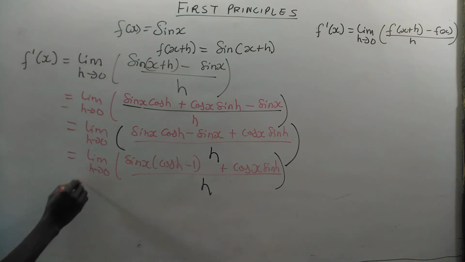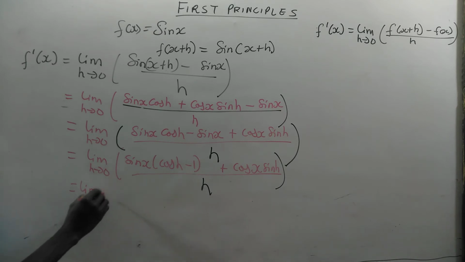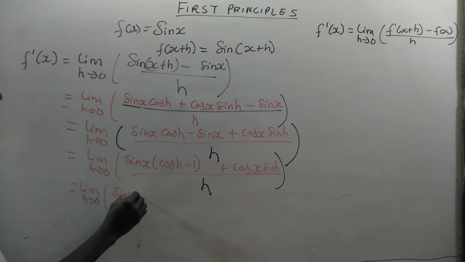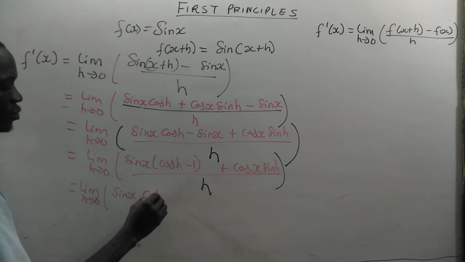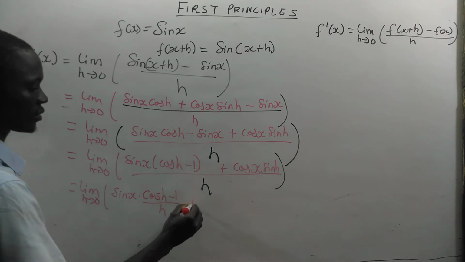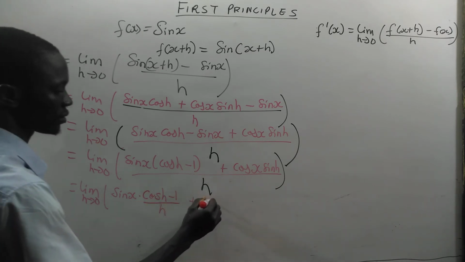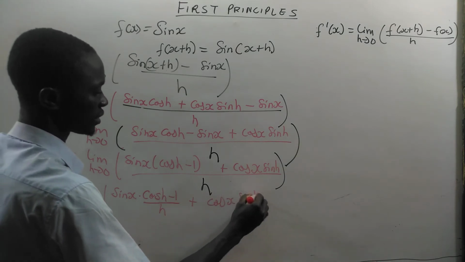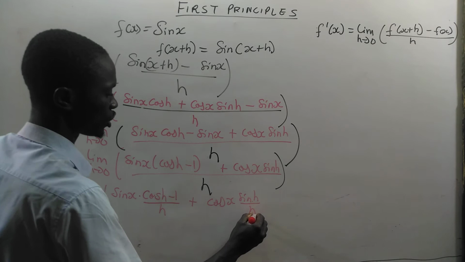Now we're going to have the limit as h approaches 0 of sine x dot cosine h minus 1 divided by h plus cosine x sine h divided by h.